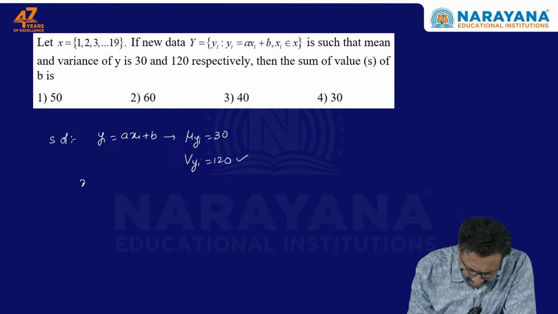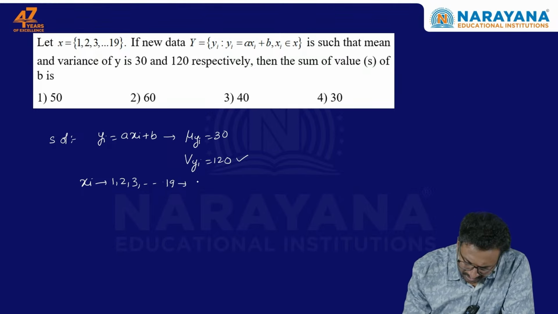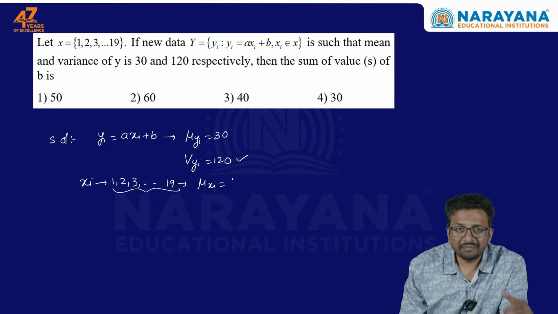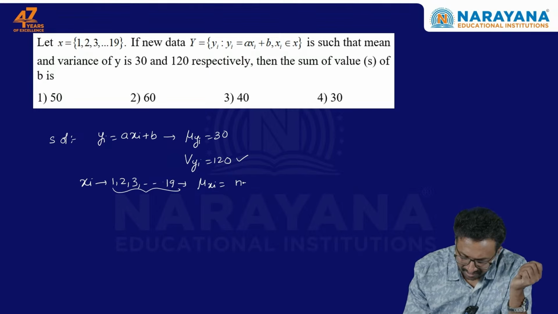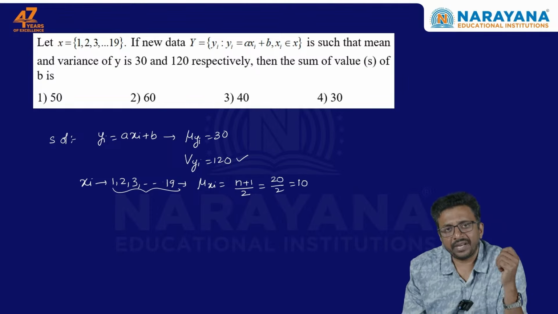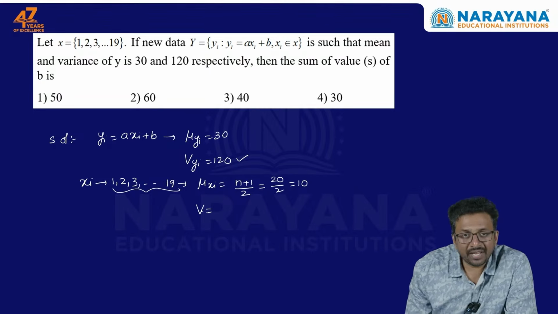So if you take xi's are 1, 2, 3, so on up to 19, what is the mean of xi? These are first 19 numbers. So the mean of first n numbers starting from 1 to n, you have a direct formula which is n plus 1 by 2, which is 20 by 2 is equal to 10. So initial mean is 10. So what is the initial variance?